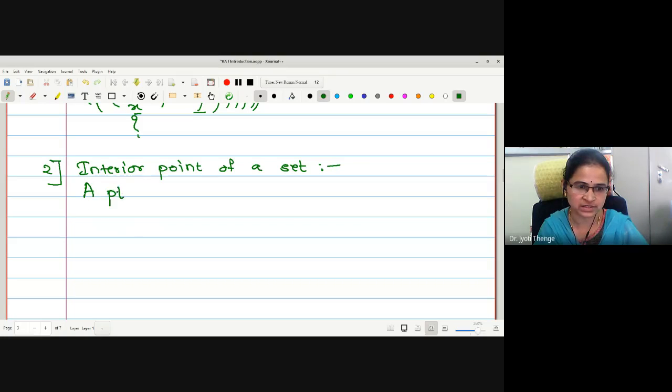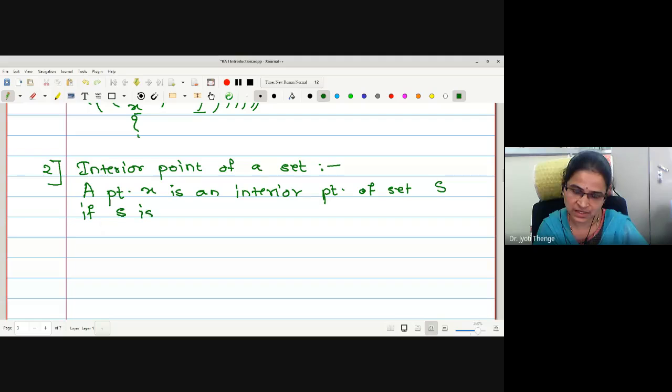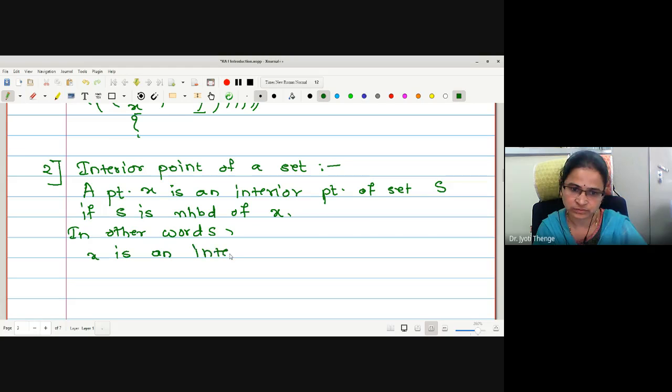A point X is an interior point of set S if S is a neighborhood of X. In other words, X is an interior point of S if there exists an open interval.